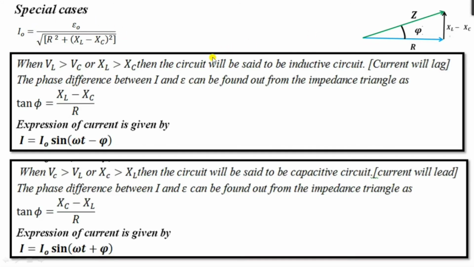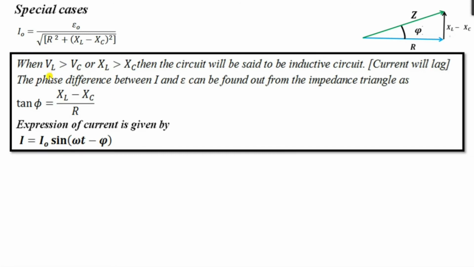Now we'll talk about the special cases. This is the final expression we have got for the current, and this is the impedance triangle. In the first case, when the voltage across the inductor is greater than the voltage across the capacitor, XL will be greater than XC, and the circuit will be called an inductive circuit. We know that in an inductive circuit the current lags behind, and the phase angle between current and voltage can be found using this impedance triangle.